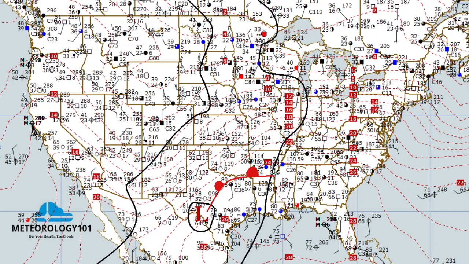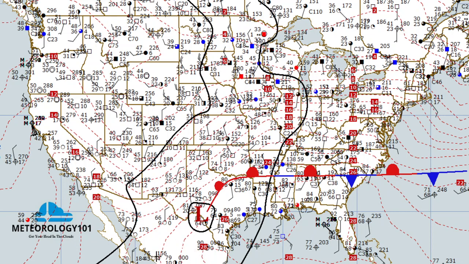So if we set our stationary front, bring that out of that low pressure system right there into the warm front that exhibits a weak thermal advection, and we'll go cold front.